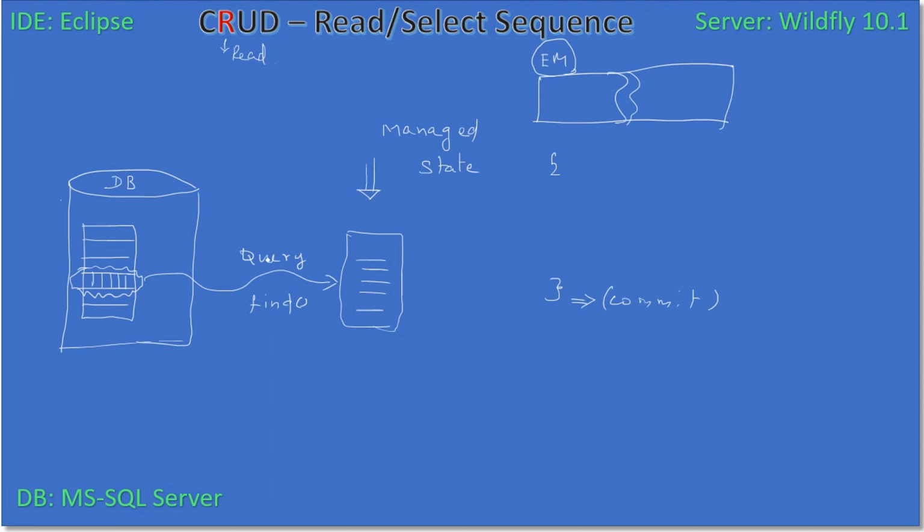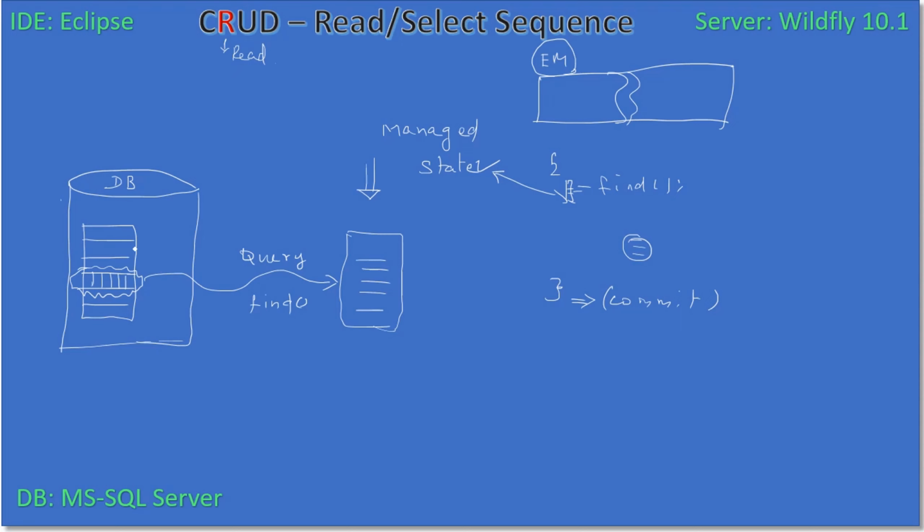So let's say here we have the find method. After that, it will return some entity, right? This entity will be in the managed state, and it represents a particular record. That's why, if you perform some update, since it's in a managed state, that will get reflected here.